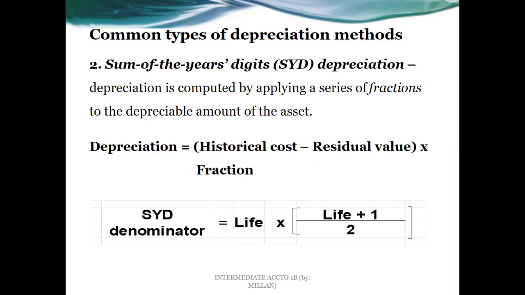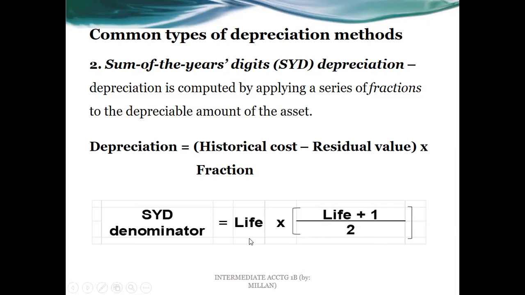Then the denominator would be the SYD denominator formula, wherein it is life multiplied by life plus 1, all over 2. If that is 5 years, we substitute here. Let's start with the bracket portion: 5 plus 1 is 6, divided by 2, that's 3.